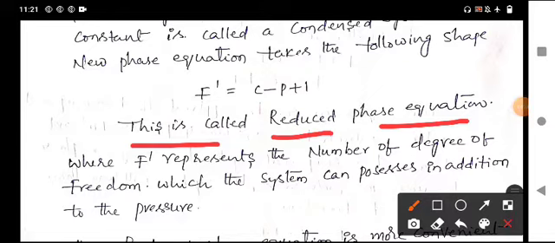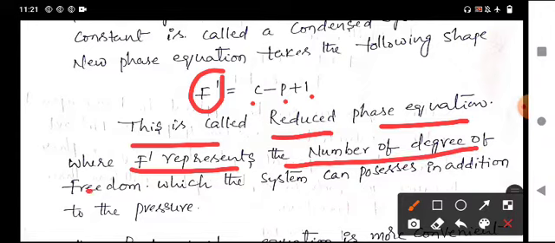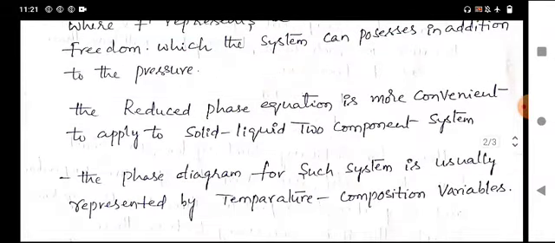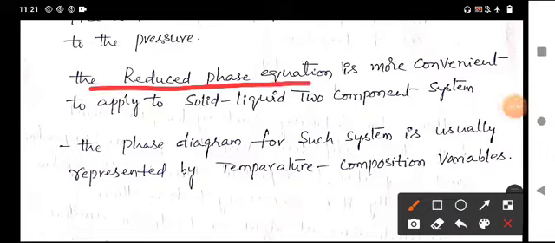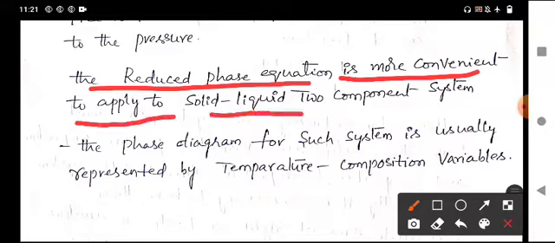This is called the reduced phase equation, that is F prime is equal to C minus P plus 1, where F prime represents the number of degrees of freedom which the system can possess in addition to the pressure. The reduced phase equation is very convenient to apply to a solid liquid two component system.